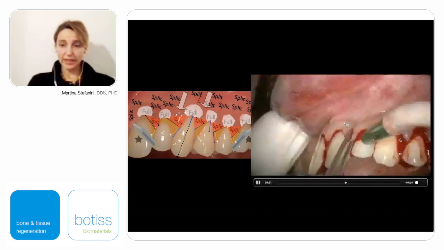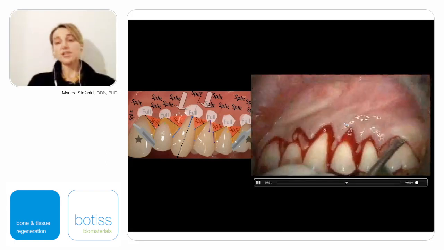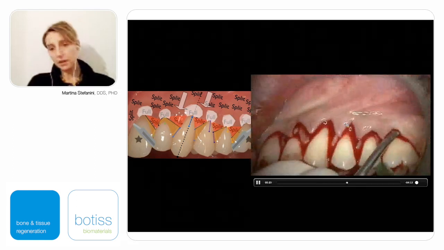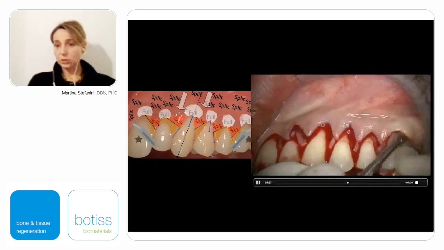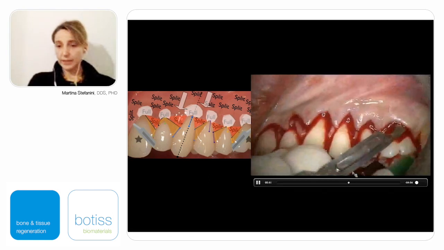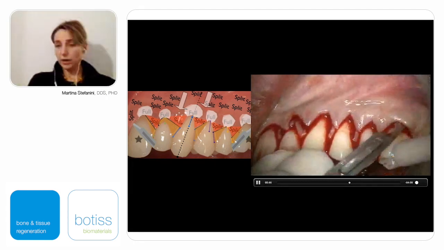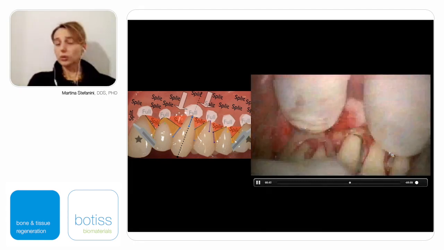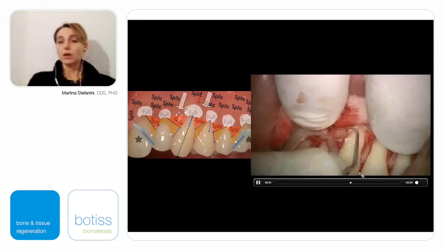We need to extend the deep and the superficial beyond the interincisor papilla, and more distal with respect to the first molar, in order to allow the rotation of the papilla between the premolar and the first molar to obtain the complete root coverage also of the molar.